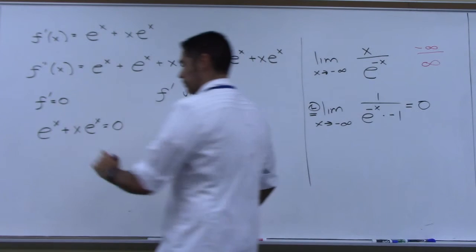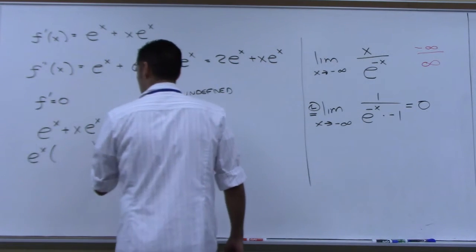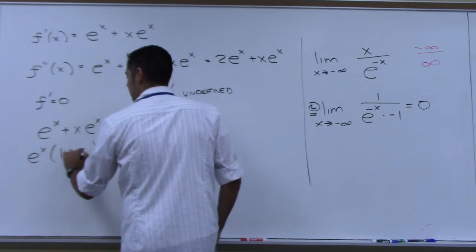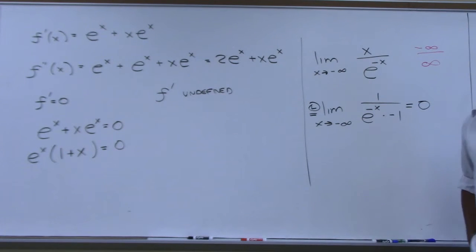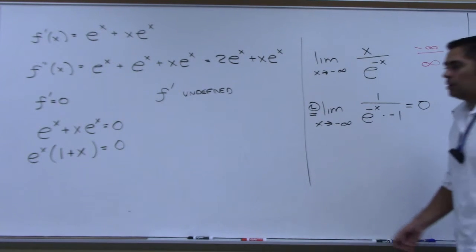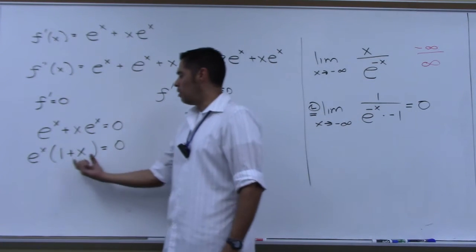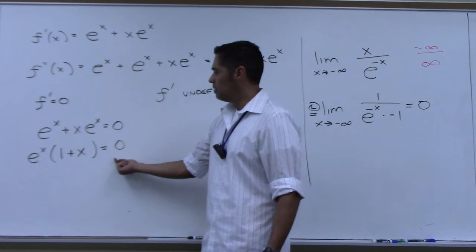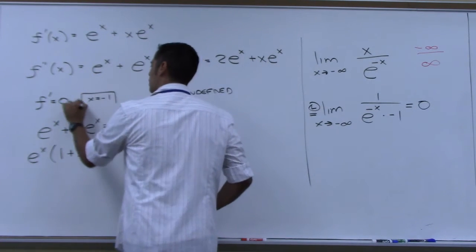Good. What would you be left with? Oh, 1 plus x, right? Set each of those equal to 0. Can e to the x ever equal 0? No. Can 1 plus x ever equal 0? Yes, if x is negative 1. So for this one, x equals negative 1 is going to be a critical number.